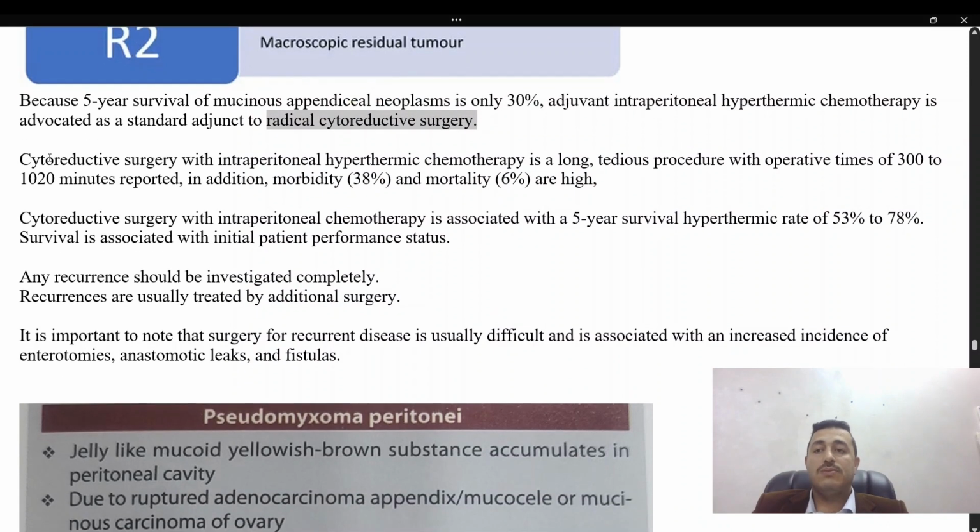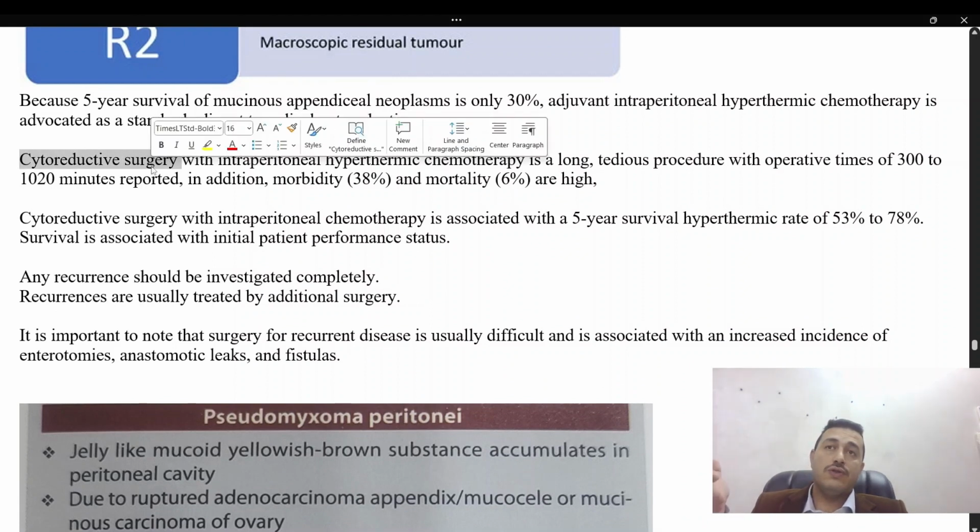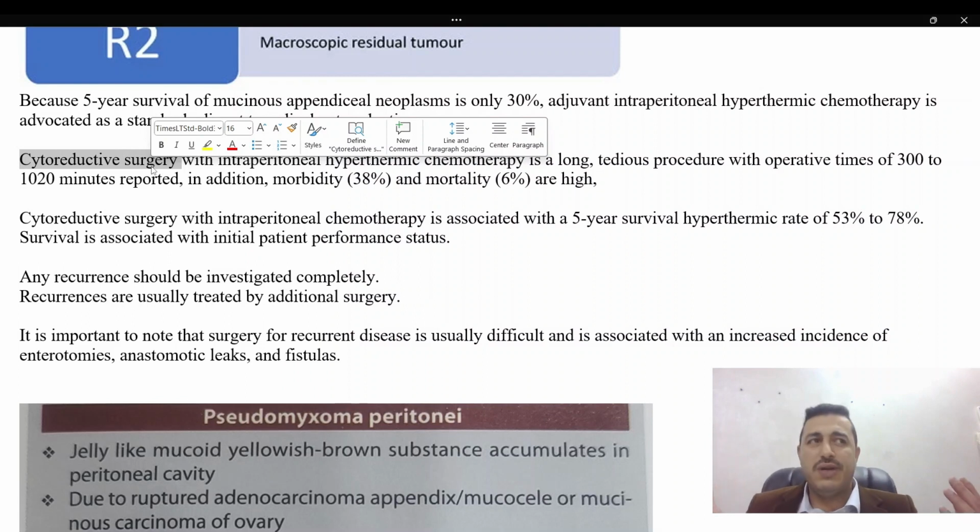So the treatment of pseudomyxoma peritonei is cytoreductive surgery. It is removal of any gross disease. Of course, intraoperatively, you will not wait until the frozen section comes back to tell you whether the margin is far from the disease or not. So it's gross removal of any implants, any mucoid, any jelly-like material, omentectomy, appendectomy, salpingo-oophorectomy, intraperitoneal chemotherapy.